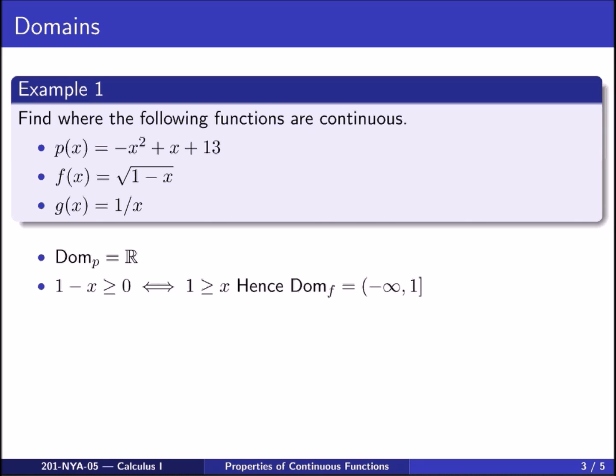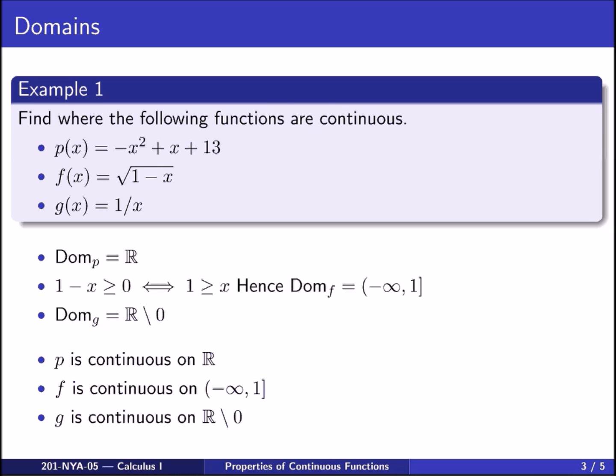We would get a division by 0 and that's not allowed. So here it's basically all real numbers except 0 that are part of the domain of g, and that's where g is continuous. So overall, p is continuous on R, f is continuous on minus infinity to 1 included, and g is continuous on R except 0.